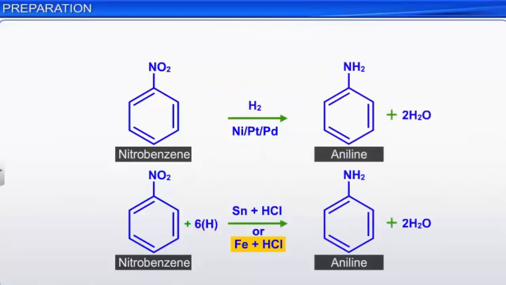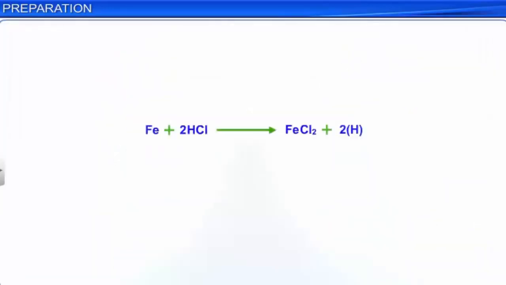Reduction with iron scrap and hydrochloric acid is preferred over tin and HCl. This is because the ferrous chloride formed in the reaction between iron and HCl undergoes hydrolysis and releases hydrochloric acid.